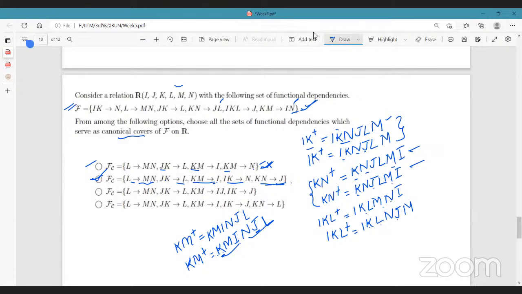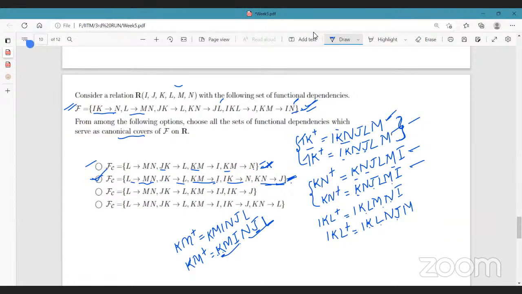As I did, Ik determines N is not present here, so I checked for Ik closure in the parent functional dependency set as well as in this set. I got the same result: both closure sets determine all the attributes.